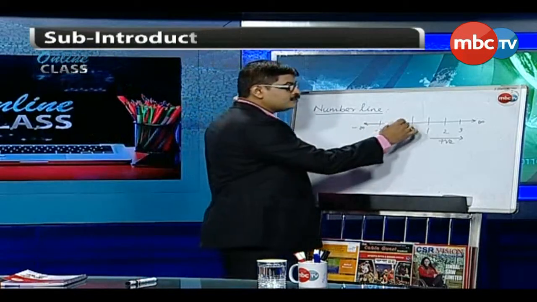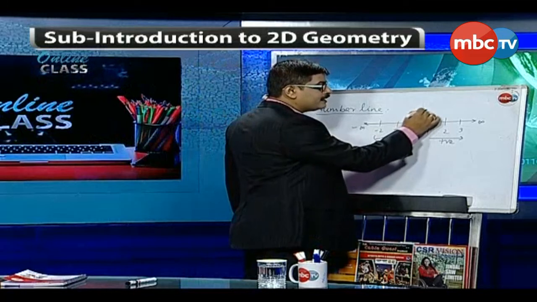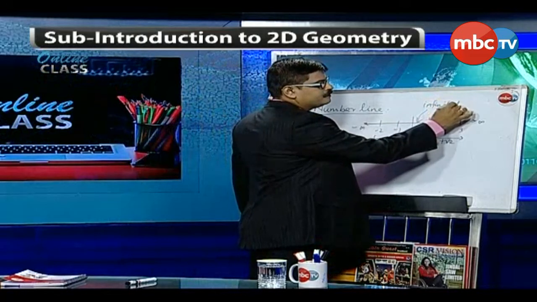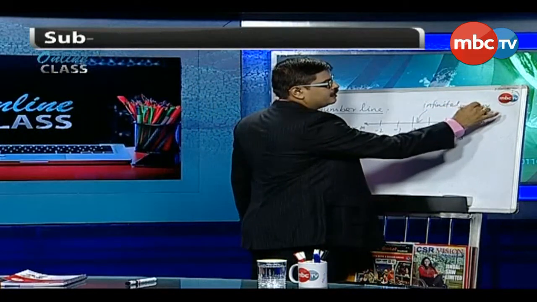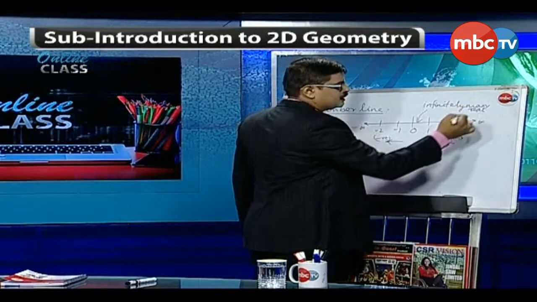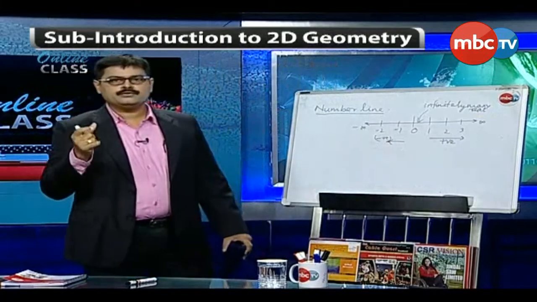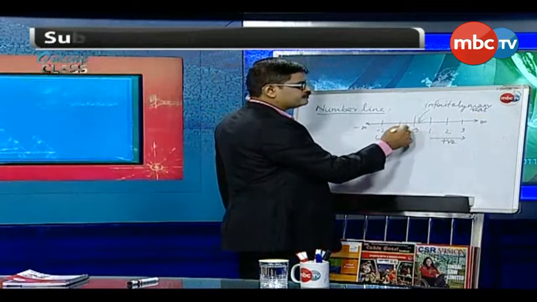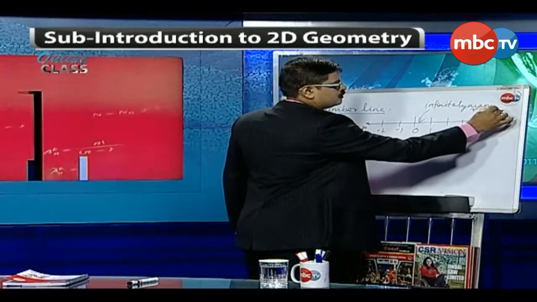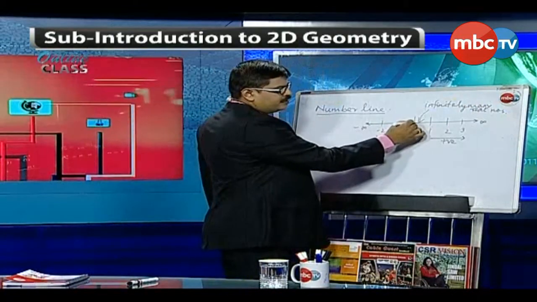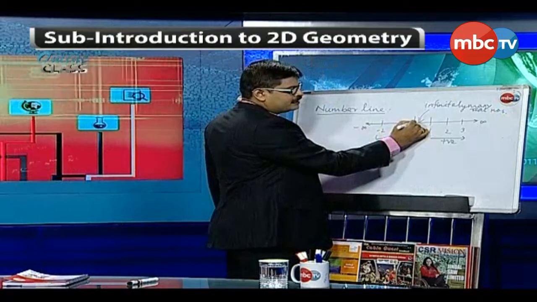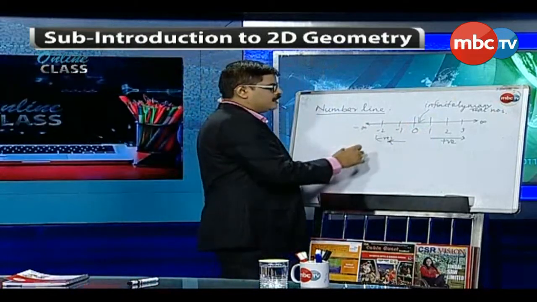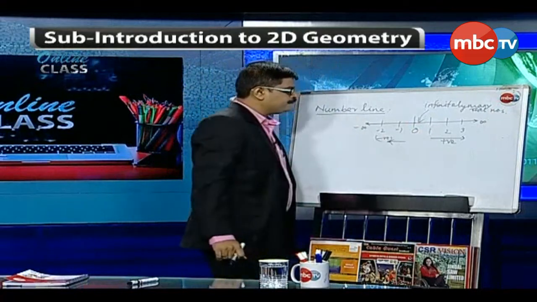In between 0 and 1 there are again infinitely many real numbers. As we know, between any two real numbers there are infinitely many real numbers; they are dense. So we link every point of the straight line with a unique real number, and we call that a number line or a real number line.